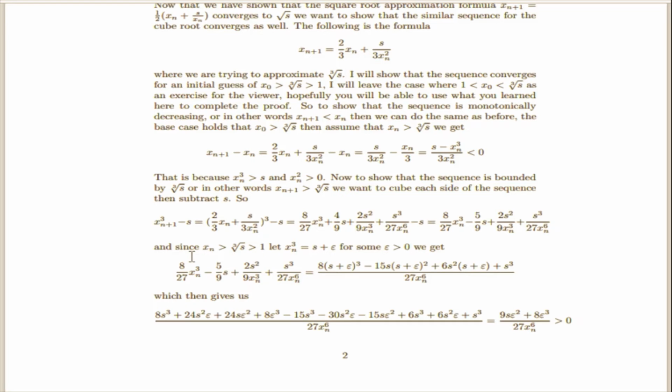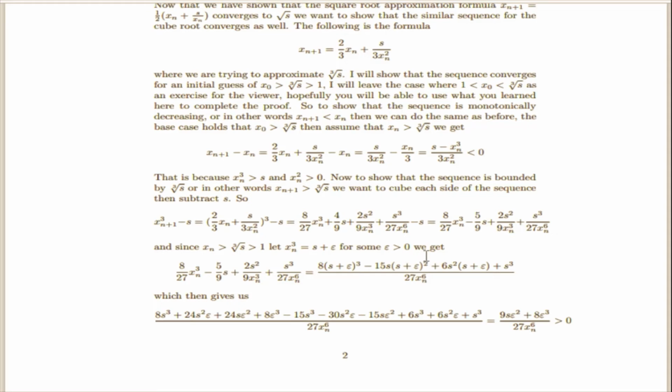Since x sub n is greater than the cube root of s, which is greater than 1, let x sub n cubed equal s plus epsilon for some epsilon greater than 0. This is where the real analysis comes in, because this is a question that I had for my real analysis class when I first took it, and I did not get the question right. So now I'm redoing the question, and I'm trying to get this to work for you, and I was able to.